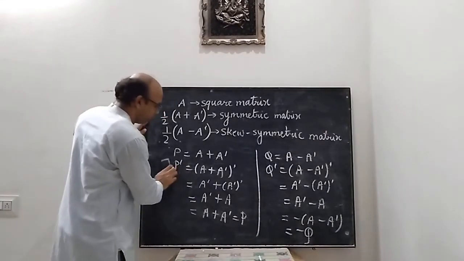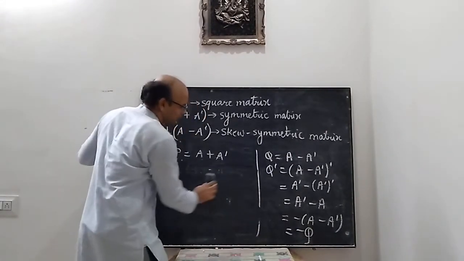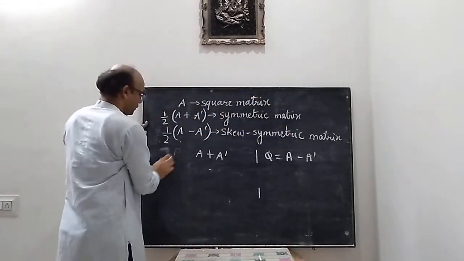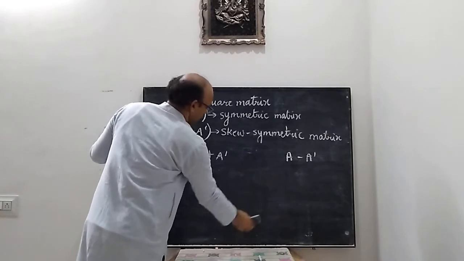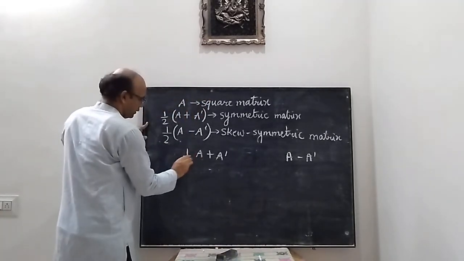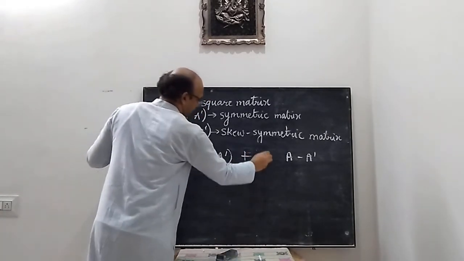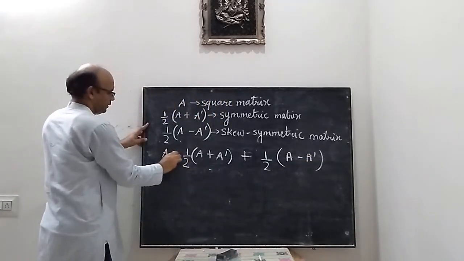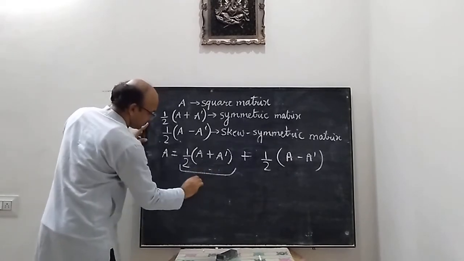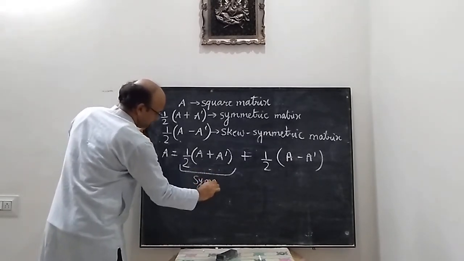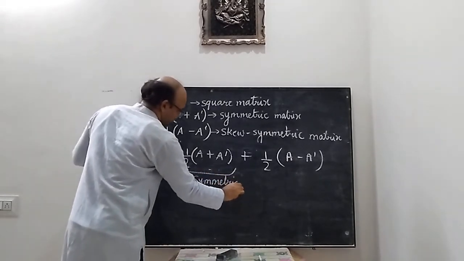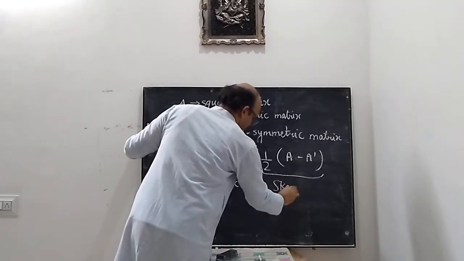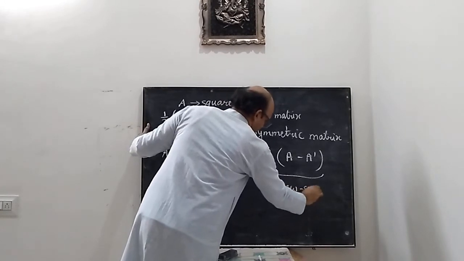And if we add them, what we get is A. This is the symmetric part, and this is the skew symmetric part.